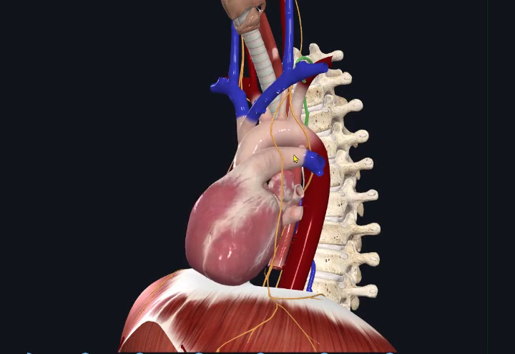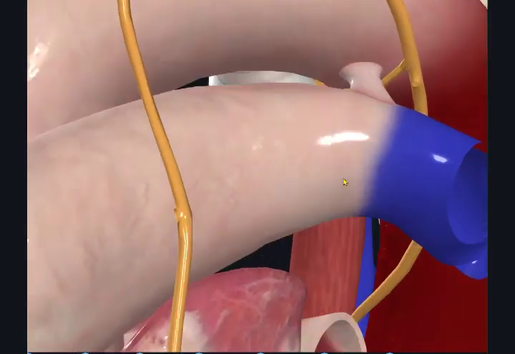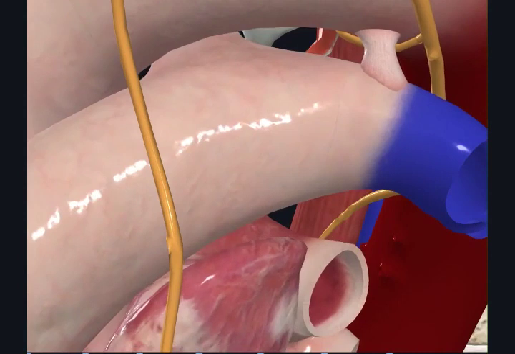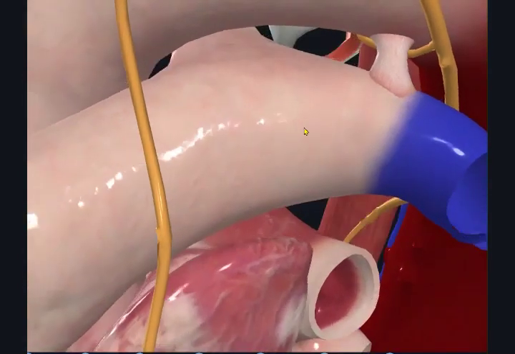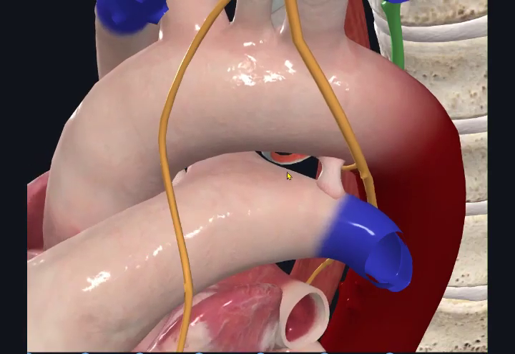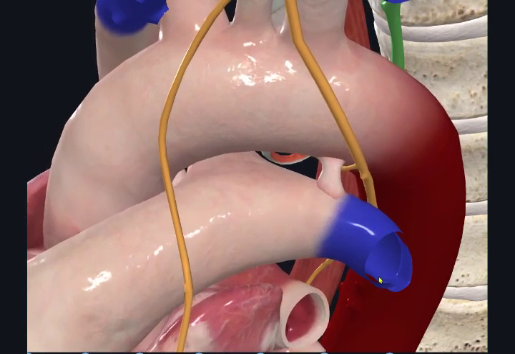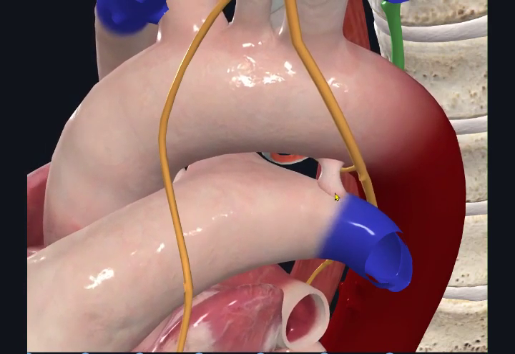Okay, let's see the left recurrent laryngeal nerve. We will enlarge this segment here. Let's reduce the size a little bit. Between the arch of aorta and the left pulmonary artery, there is a ligamentum arteriosum.